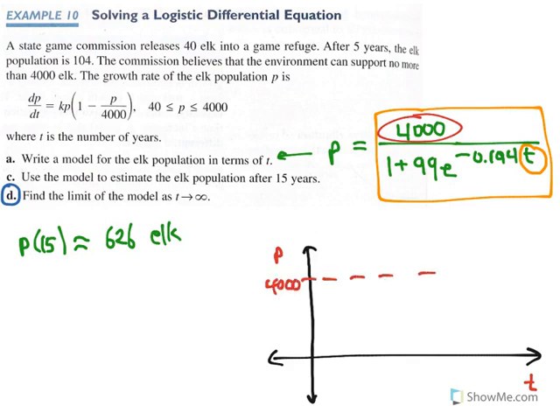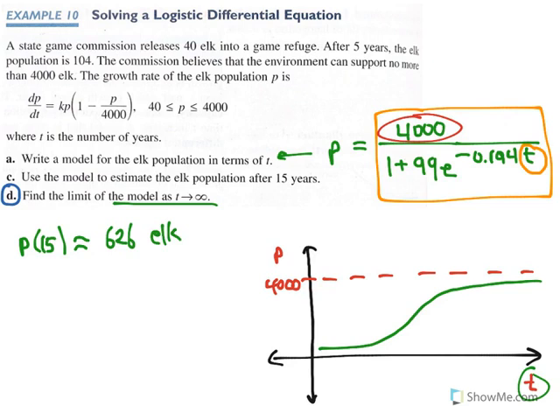So we know that the population starts below 4,000. So what happens as time goes to infinity? The population will just approach 4,000. So find the limit of the model as t approaches infinity. The limit of the model as t approaches infinity is 4,000. The population will approach the carrying capacity.